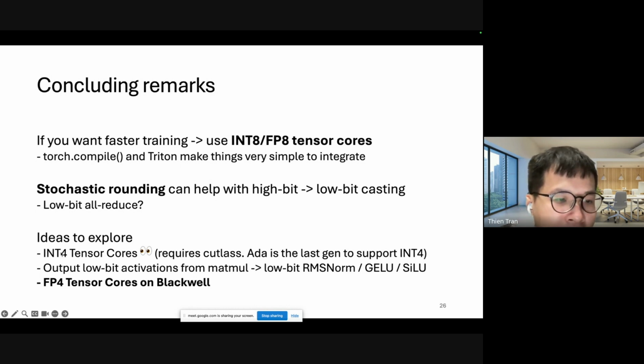For example, I also tried to use int4 tensor cores and had to use Cutlass, which is not a very straightforward library to use. It's basically C++, and you have to do things in a very specific way to get things working. So I got int4 tensor cores working, but I haven't tried to put that inside a training stack. But someone can try that. I think that's also interesting because int4 will be even faster than int8.